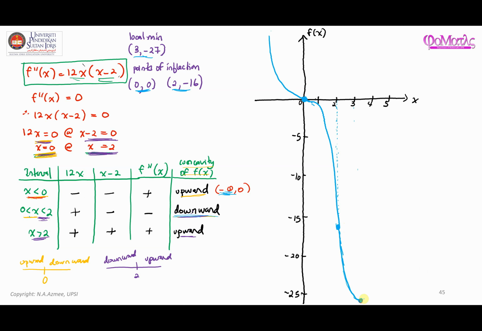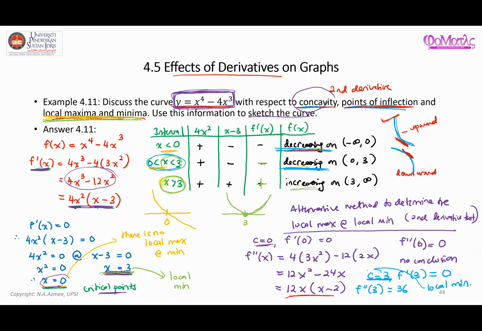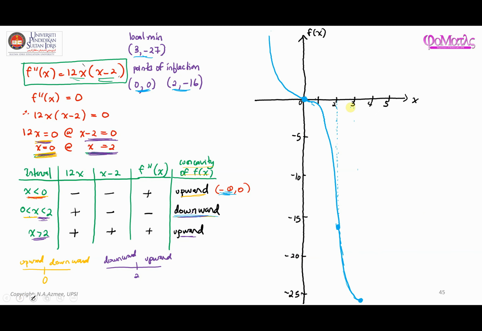Concavity is upward and it is decreasing, and after 2 is also going to be concave upward, but you can see from this part here, when x is greater than 3, it is increasing. So after x greater than 3, this is at the lowest point now.